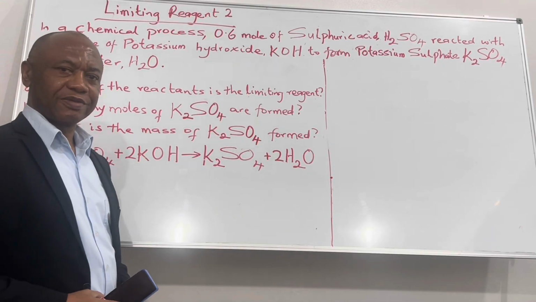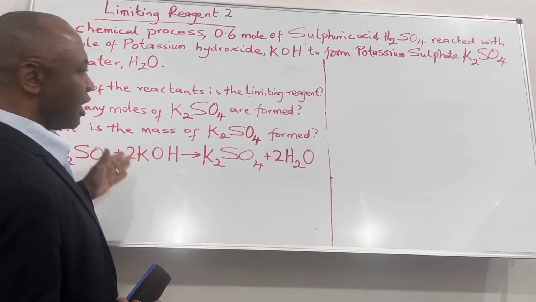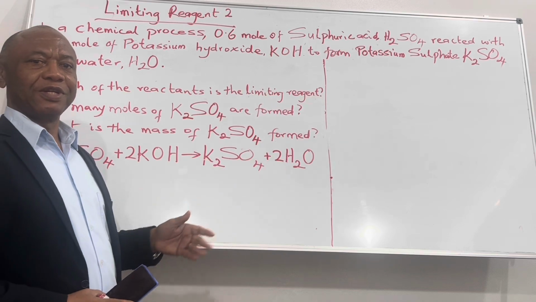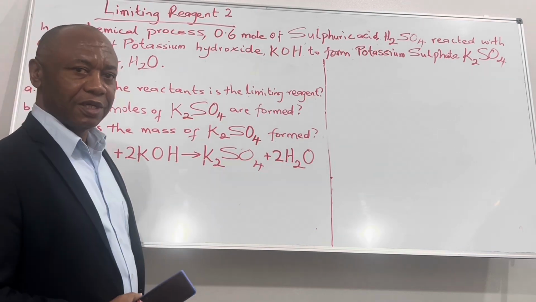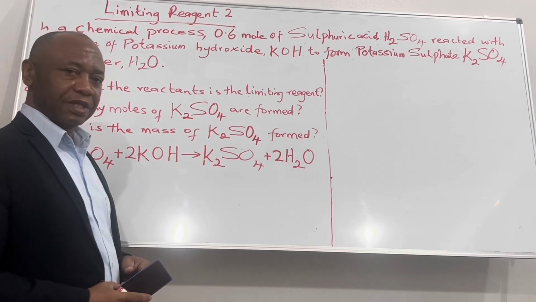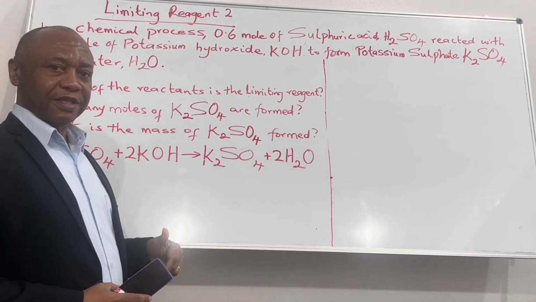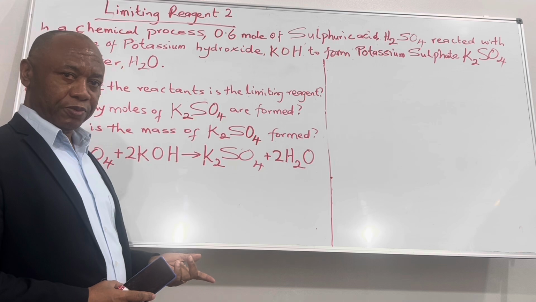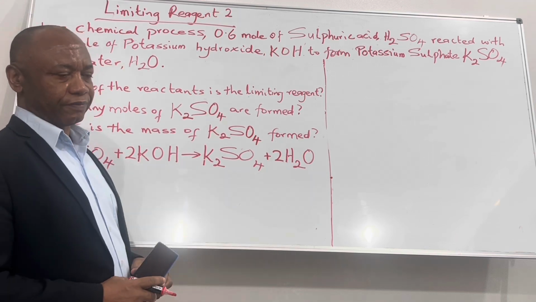Hello friends, in today's exercise we are continuing with limiting reagents. In the last lesson we said that limiting reagent is the reactant that is first used up in a chemical process.